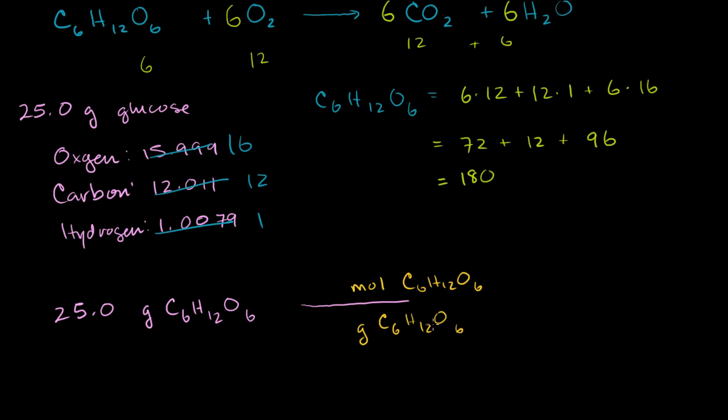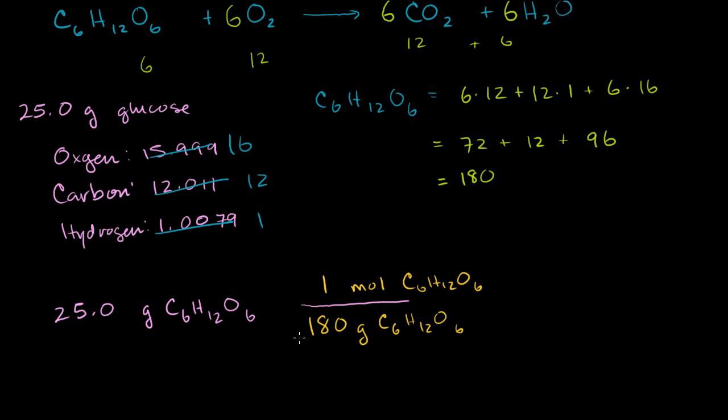Because then when we perform this calculation, that will cancel with that, and we'll be left with moles. So how many grams per mole? Well, we just figured out the atomic weight is 180. If we have Avogadro's number of these molecules, it's going to have a mass of 180 grams per mole. That's the information we got by figuring out glucose's atomic weight.